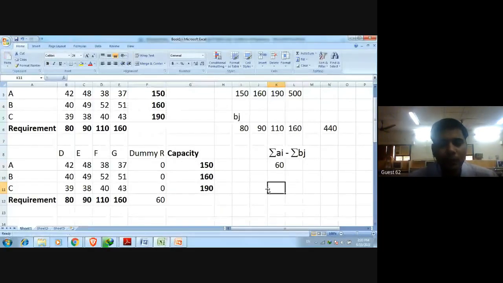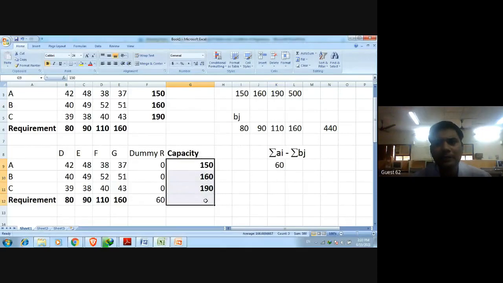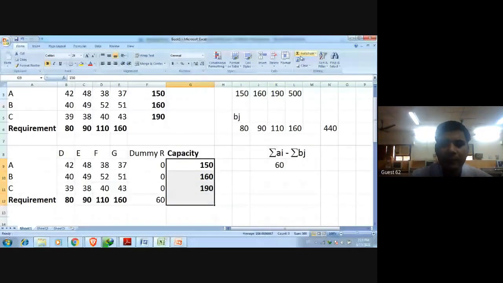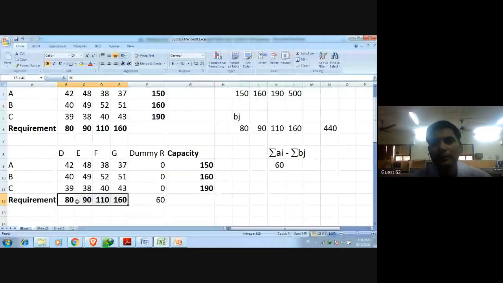Okay, now let us check the sum of 150, 160, 190, 500. Okay, again I am deleting this 500 and adding 80, 90, 110, 160 plus 60 and auto sum, that is 500.